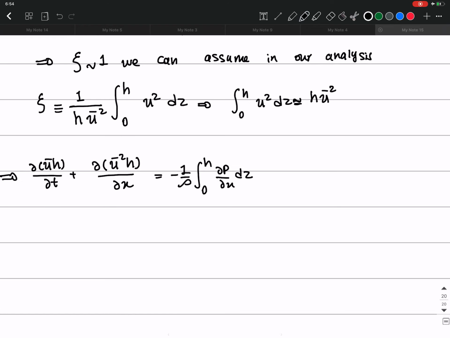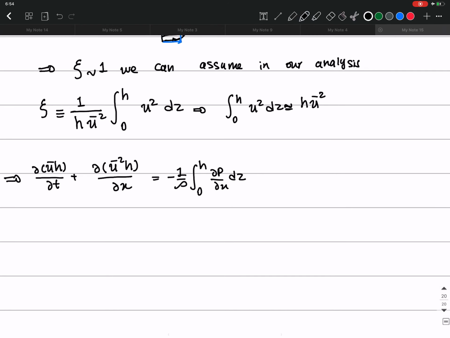Finally, I'm going to use the Leibniz rule for the last right hand side term, the integral of partial p over partial x dz.